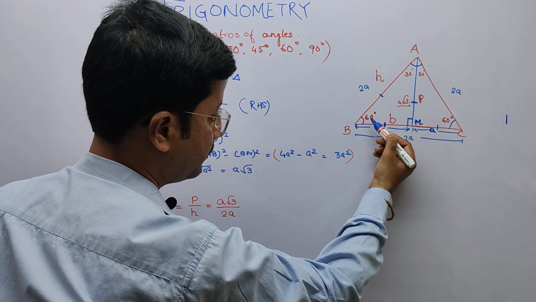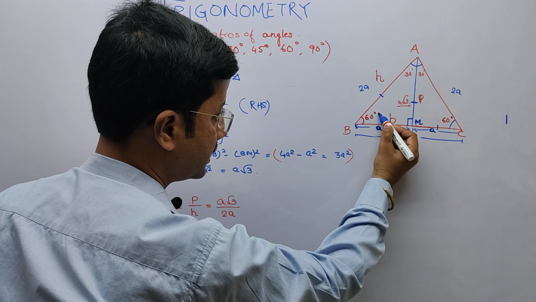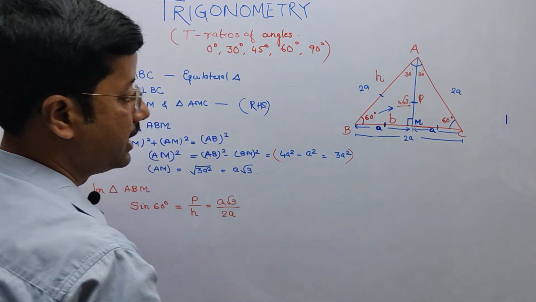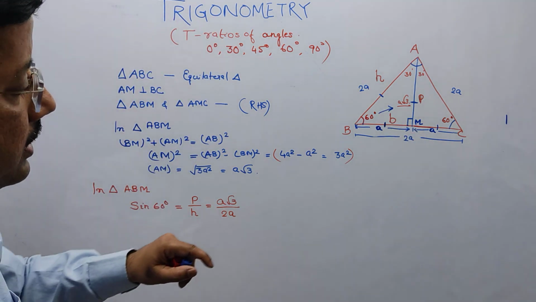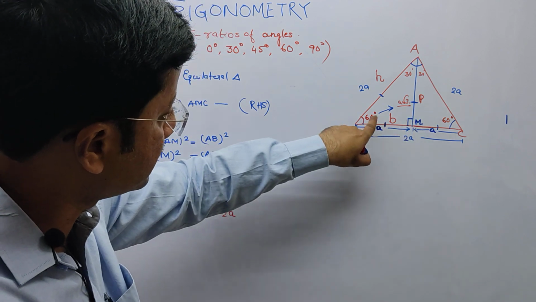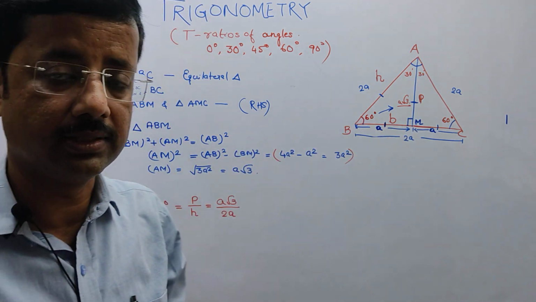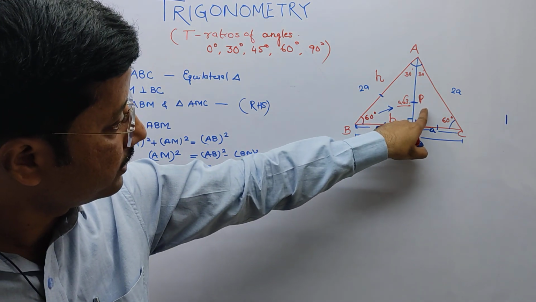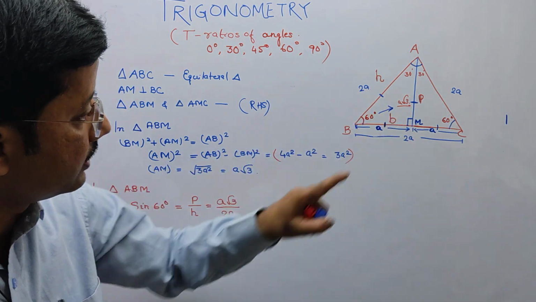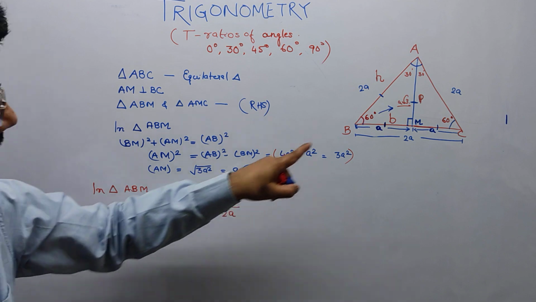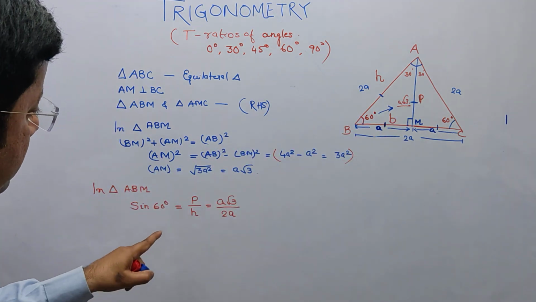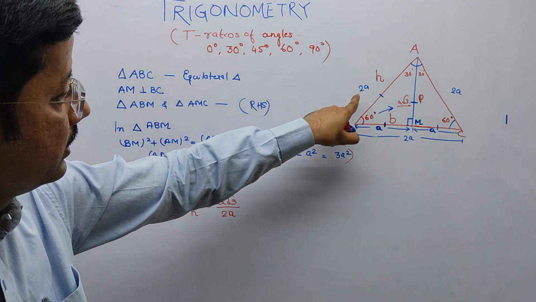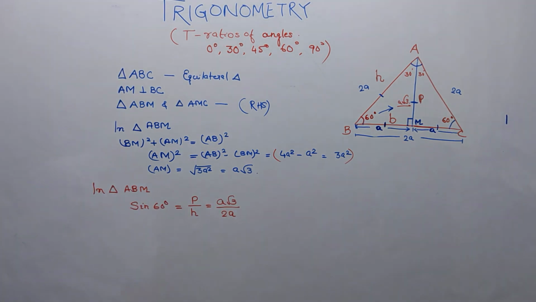This is perpendicular because whichever angle you are taking, the side just opposite to that angle is considered to be perpendicular, and the side adjacent to that angle is considered to be base. So here we have taken perpendicular by hypotenuse, perpendicular value is a root 3 and hypotenuse value is 2a.